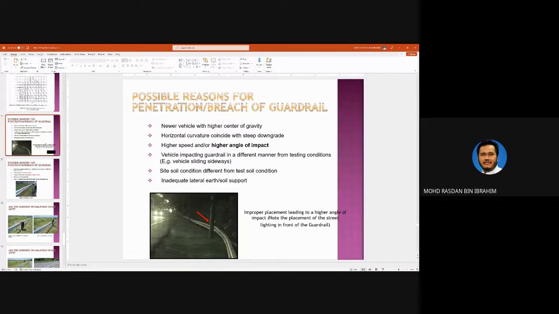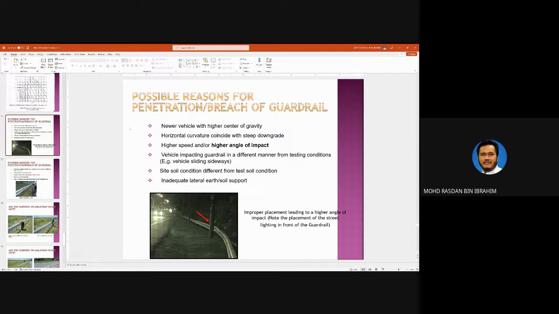Okay, possible reasons for penetration or breach of guardrail. New vehicles have a higher center of gravity. So this is one problem. I think we should have some research on this. The height of the guardrail is about 700 millimeters high. That height was designed considering the height of cars.